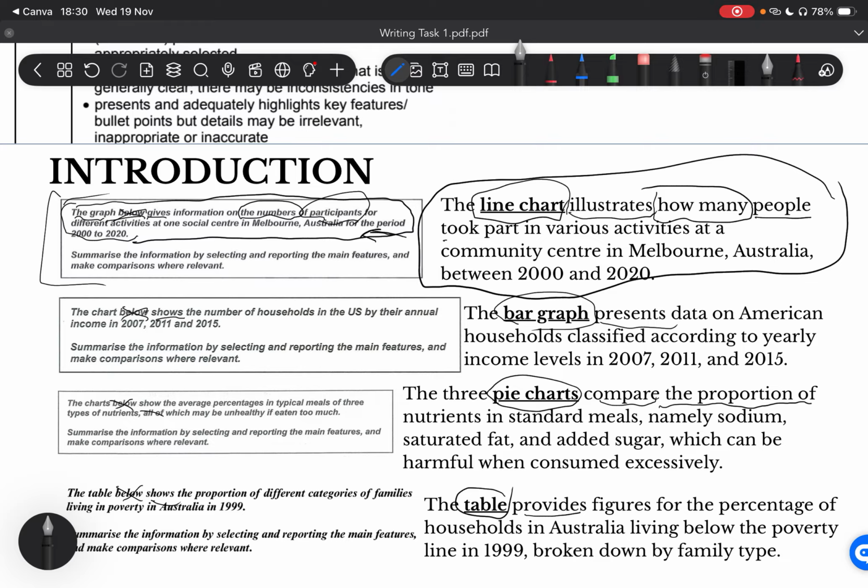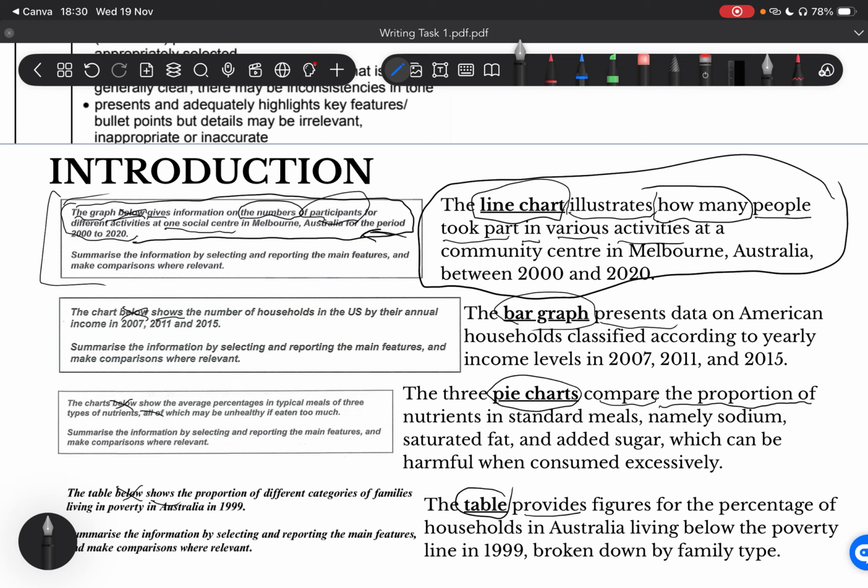So people took part. This will be the same as participants. For different activities, well, they took part in various activities, different, various. At the community center, at one social center: community, social, they are similar words.